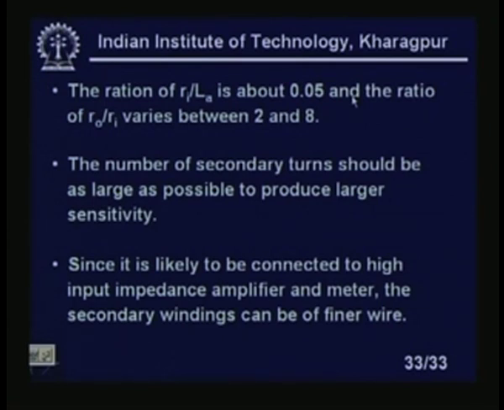The number of secondary turns should be as large as possible to produce larger sensitivity, and since it is likely to be connected to a high input impedance amplifier and meter, the secondary windings can be of finer wire. Now, in practical cases, it is very difficult to find one commercially.